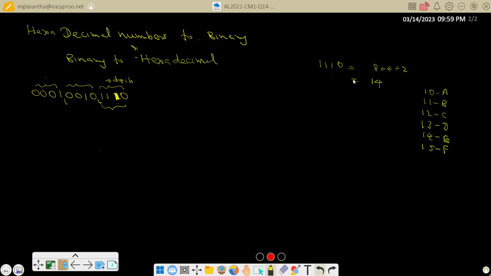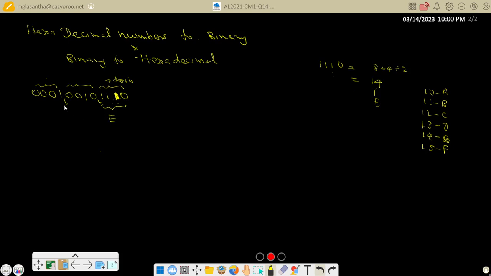So the decimal equivalent is 14, that is equal to E. So you can put E here.